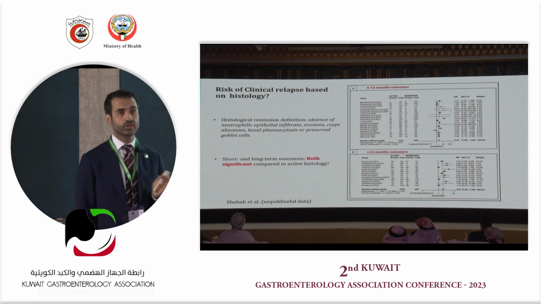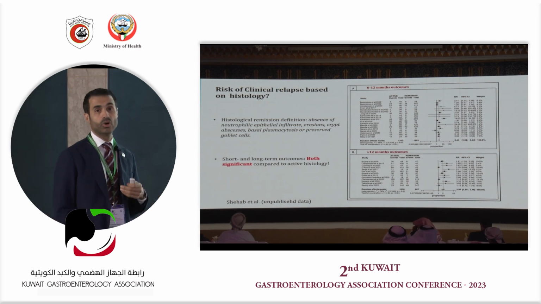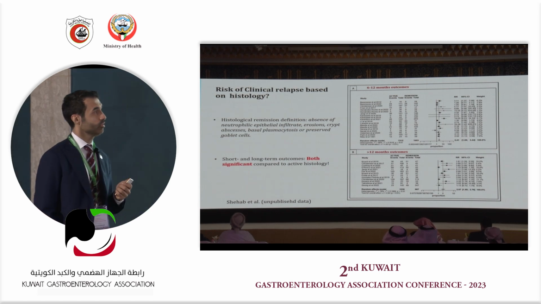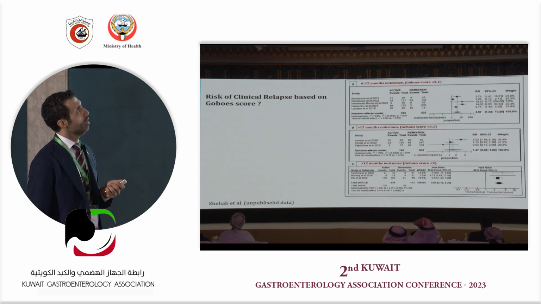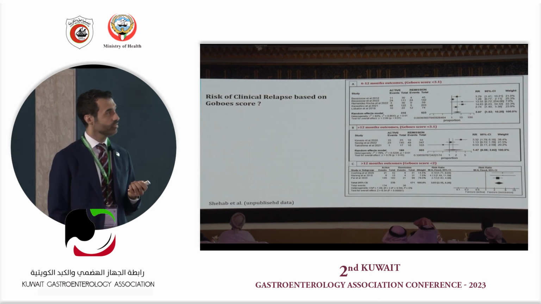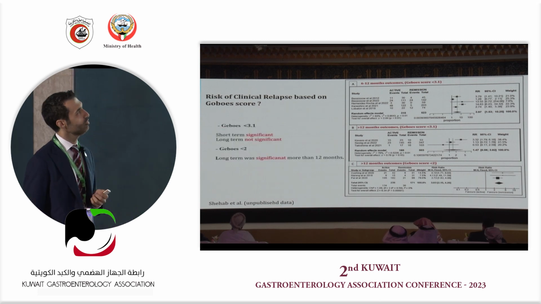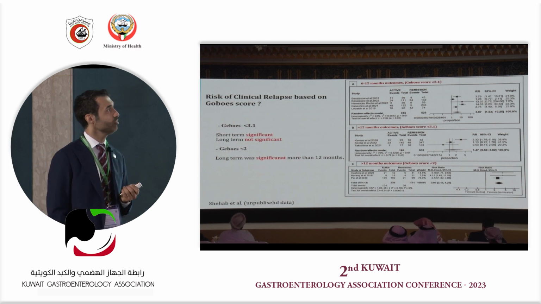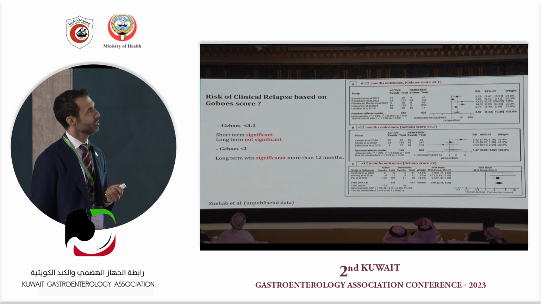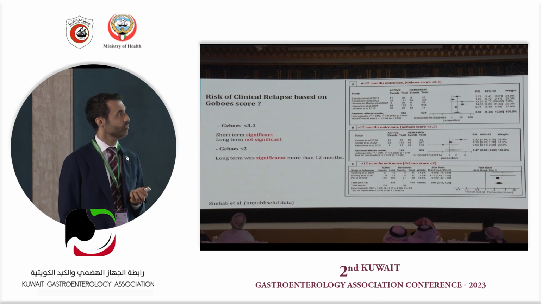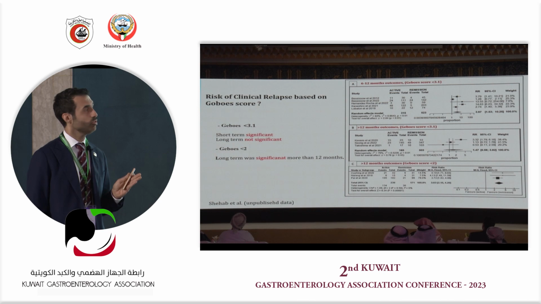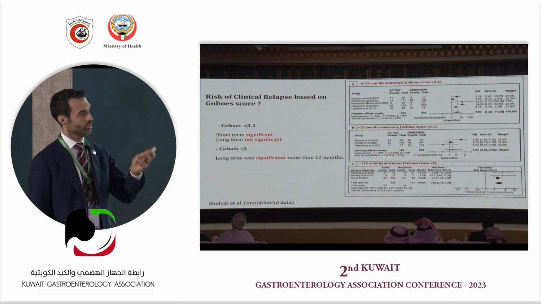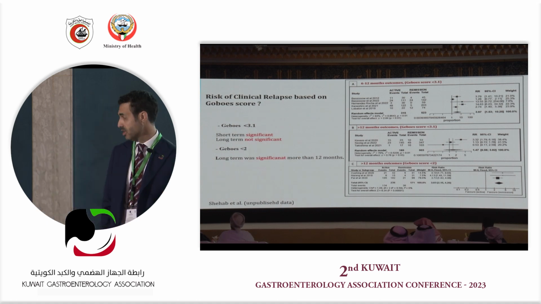Patients in histological remission were less likely to have a clinical relapse, short-term and long-term, compared to active histology. How about the Geboes score? With a Geboes score less than 3.1, the short-term clinical relapse outcome was significant, but the long-term was not. However, if you use a strict Geboes score, the long-term outcome was significant. As you can see here, the p-values were both significant.